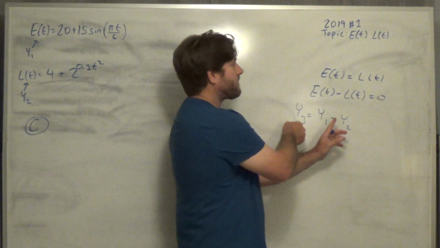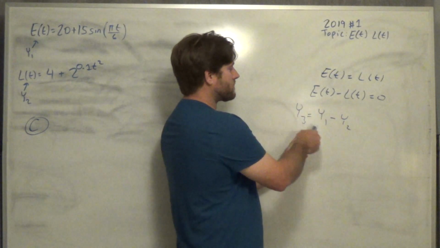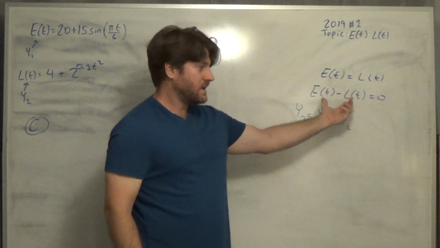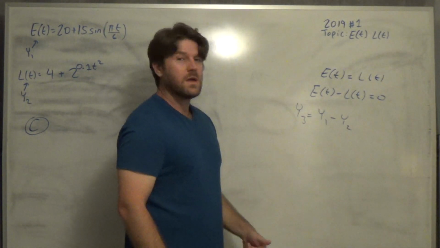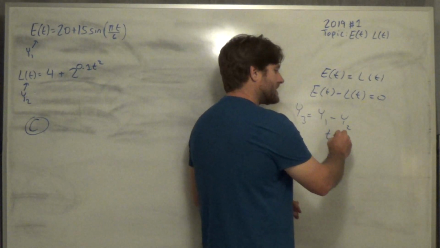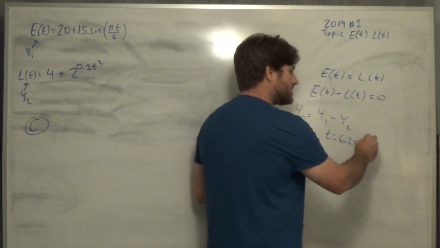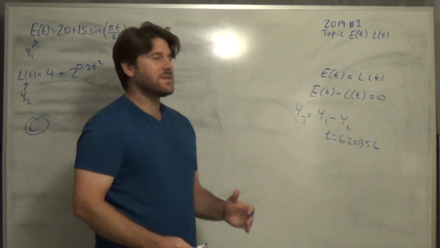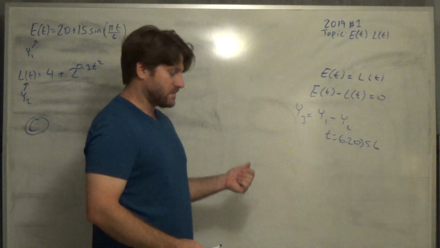I'm going to turn off the graphs of Y1 and Y2 and graph only Y3, which is these two being subtracted, and find out when it equals 0 by using the zero button on the calculator. And when I do this, I will get time equals 6.20356.